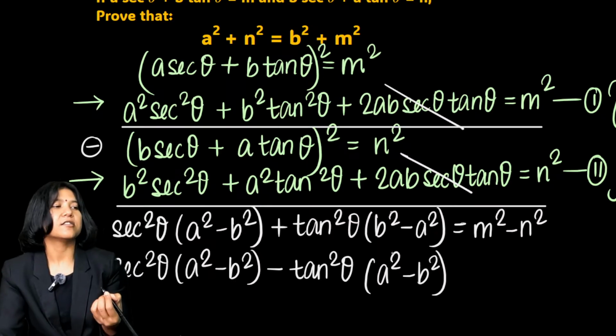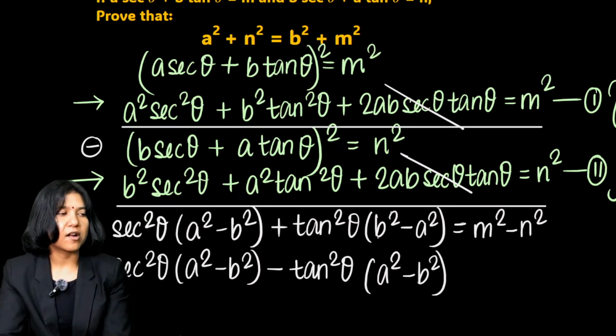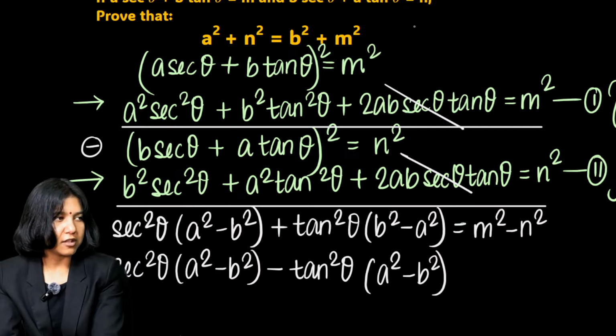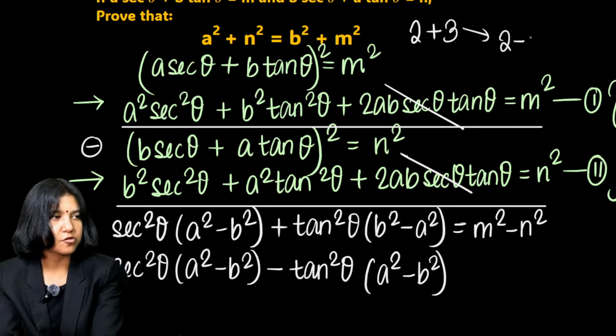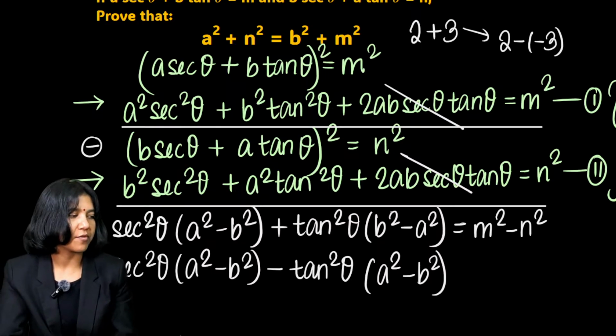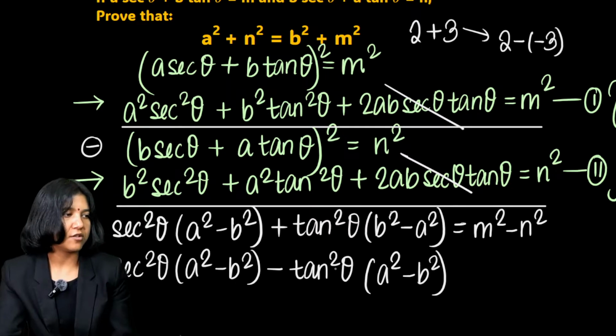So thereby a squared becomes positive and b squared becomes negative. I hope that makes sense, because if I have 2 plus 3 and now I want to write 3 in terms of negative, then I have to make it 2 minus of minus 3. If you bring negative out, then you will always have to write it opposite inside. So that is what I am doing here.